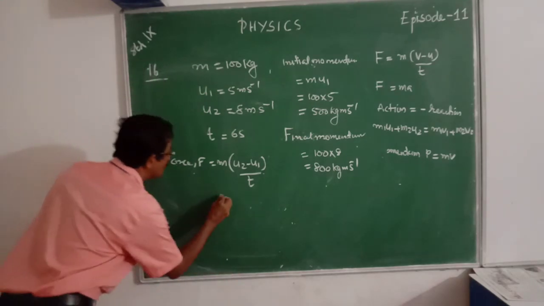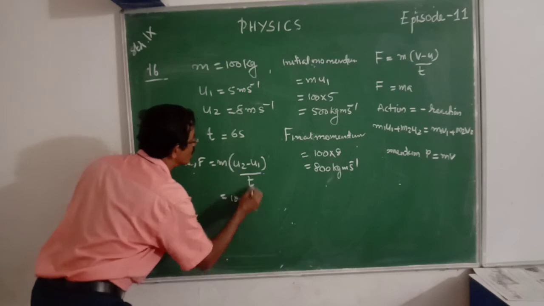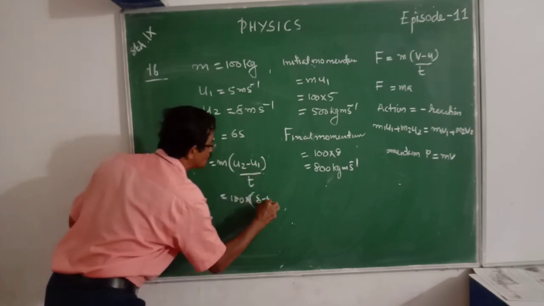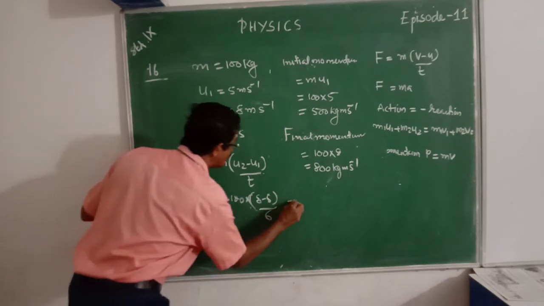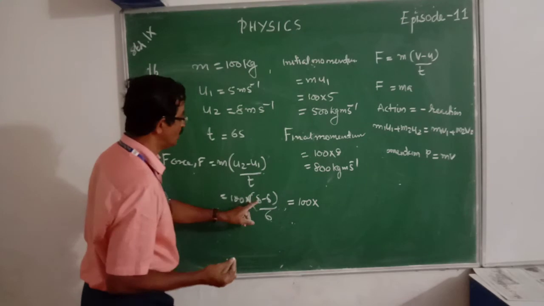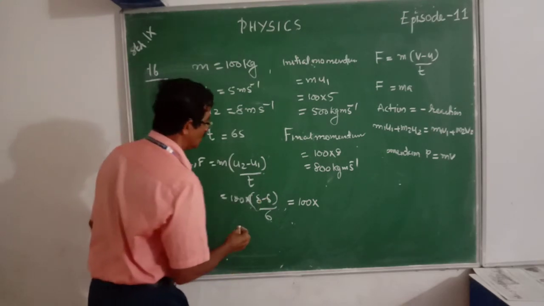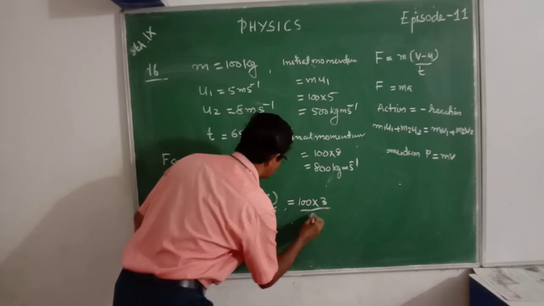So that is 100 into 8 minus 5 divided by the time taken, 6. That is equal to 100 into 3 by 6.